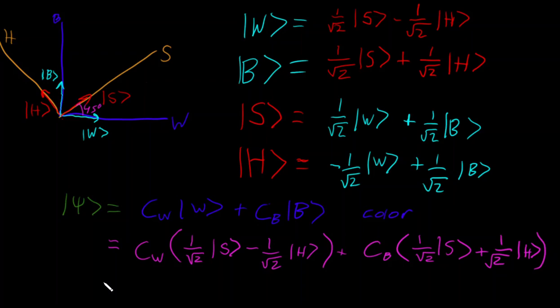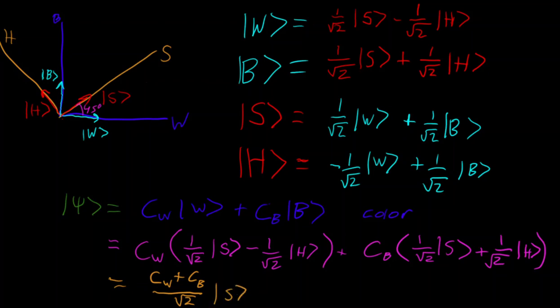Now if we combine like terms, I'll do this in orange to show we are now writing it fully in the hardness basis. With the coefficient on soft, I've got C_W plus C_B over root 2 times the soft state.